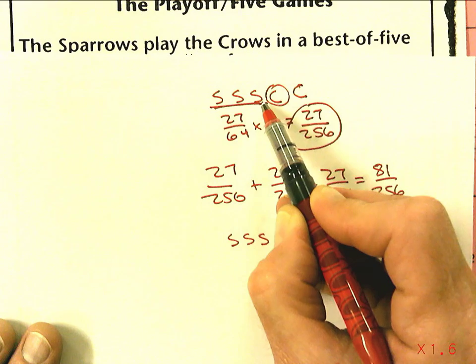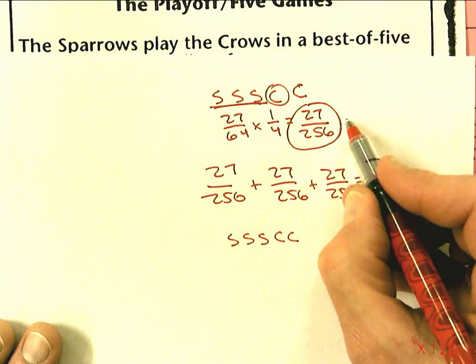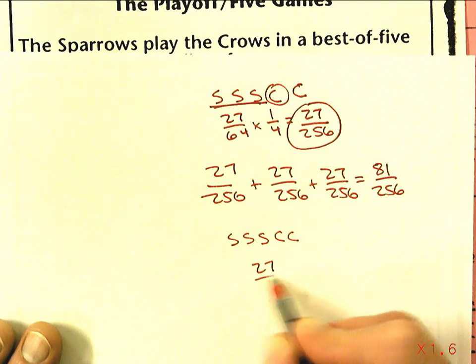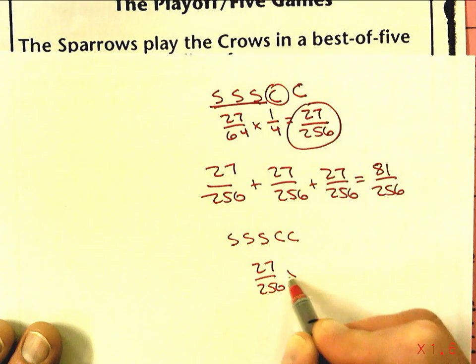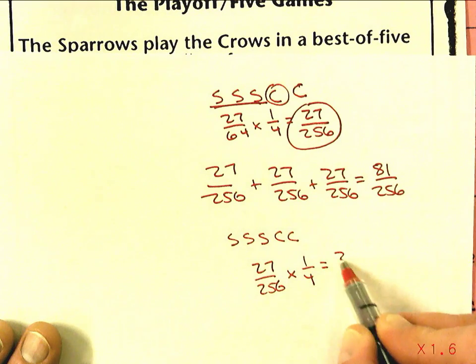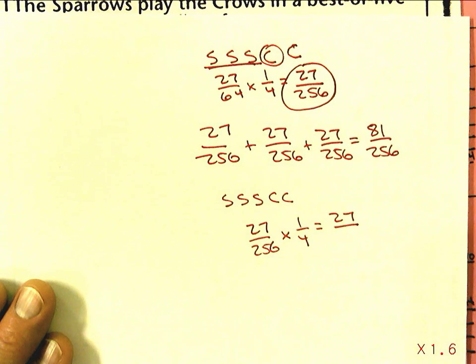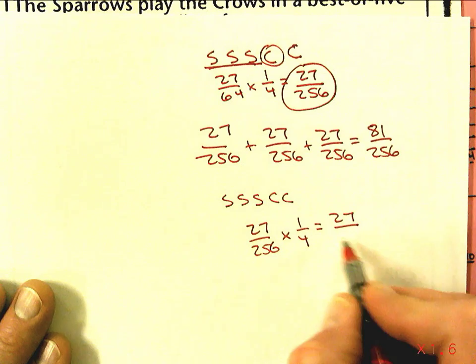We have these 3 times the 1/4 times another 1/4. So I have 27 over 256 times 1/4. We still have the 27 on top, and now 256 times 4 is 1,024.